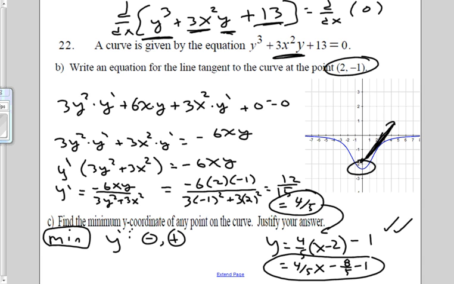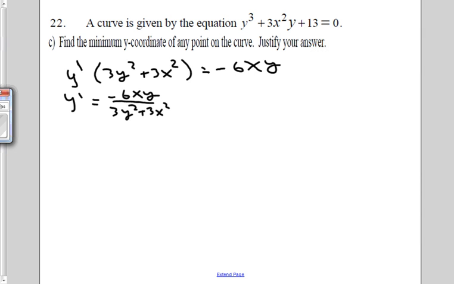So the critical points on this graph, looking at my derivative function, and you know what, I think I'm going to look at another page just so I have enough room. All right, so we've got a fresh page here, and we want to find the minimum y coordinate of any point on the curve, justifying our answer.